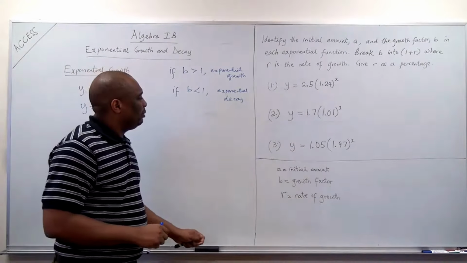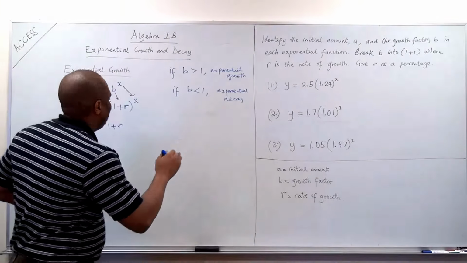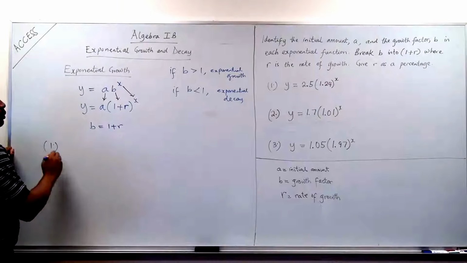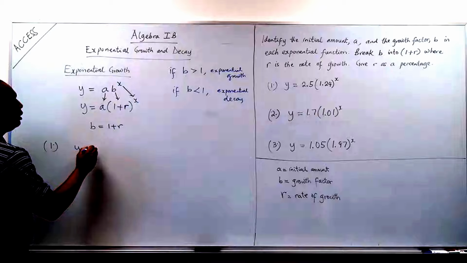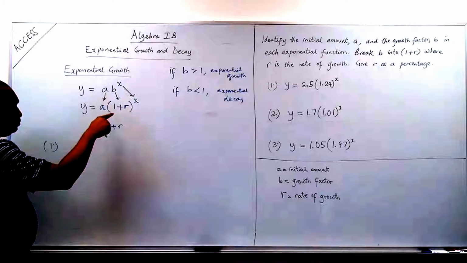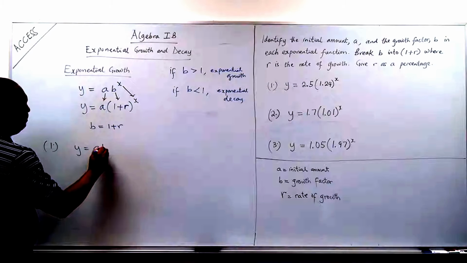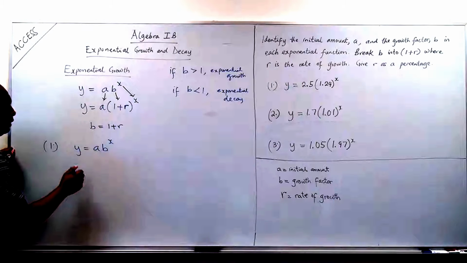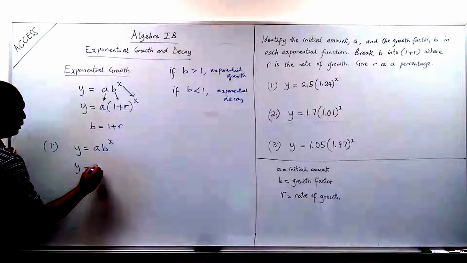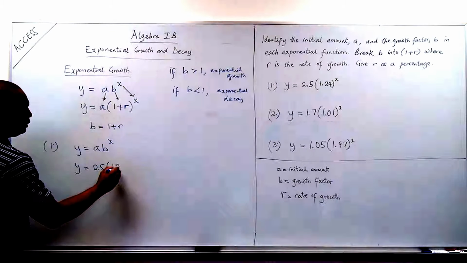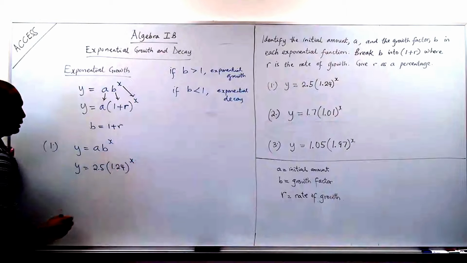All right, now let's start with number 1. Let's write a, b, x. We have y equal to 2.5 times 1.24 raised to power x.